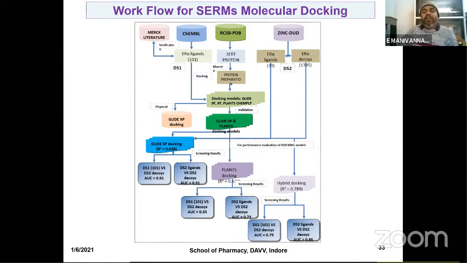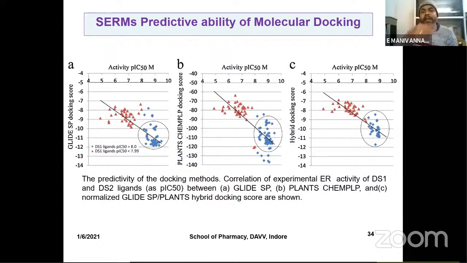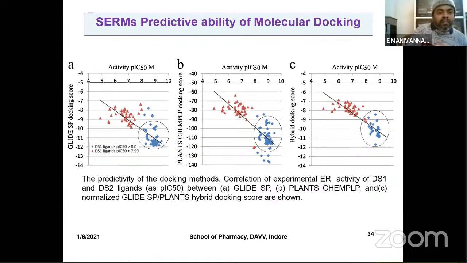Then we hybridized both Glide SP and PLANTS docking. The purpose of hybridization is to recognize all active ligands. In this next picture, the graph shows the plot drawn between the Glide SP docking score and the activity, pIC50, in the positive scale, while the docking score is in the negative scale.